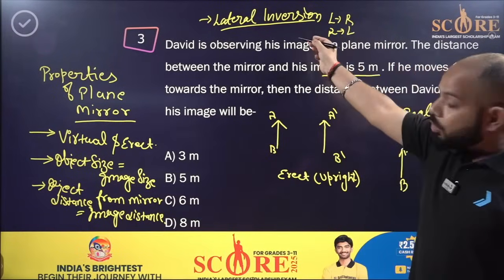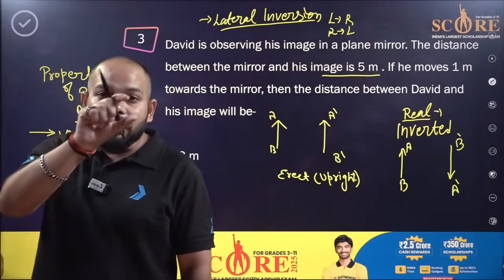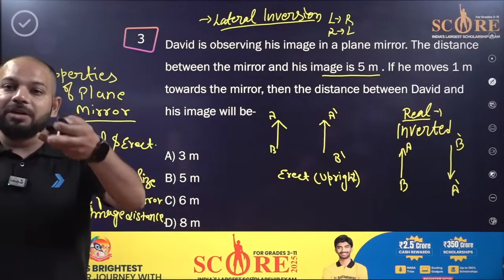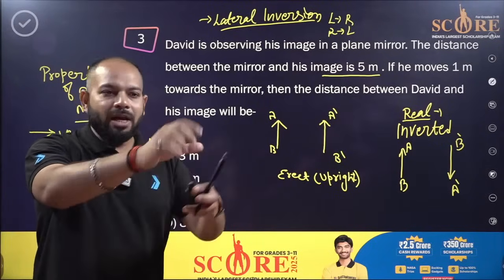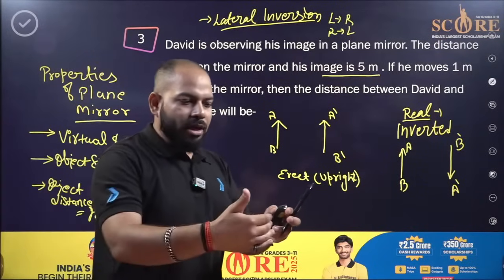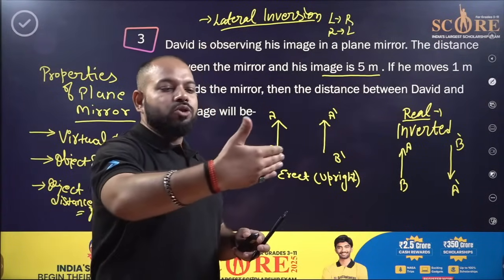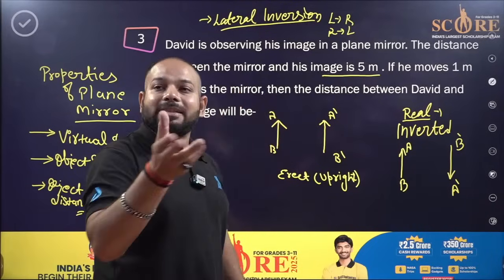From here one question can come: why is the name of the ambulance written in opposite, inverted letters? Because if the ambulance is behind me and I am viewing it in the rear view mirror, I'll see an inverted image.